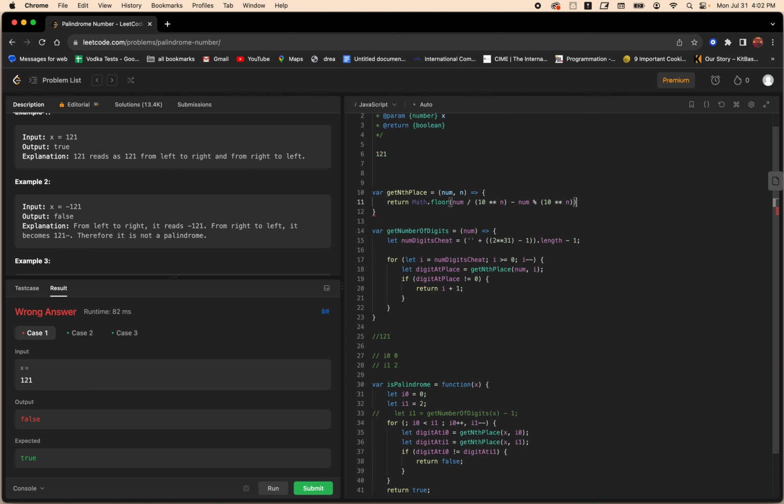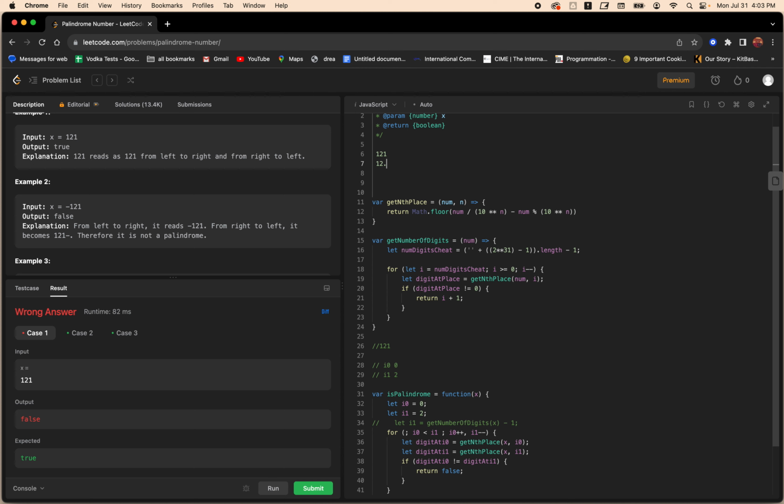That's what it is. So in other words, it's 121. It's basically 12.1 minus 12, right? It's like 121 divided by 10 minus 121 modulo 10.